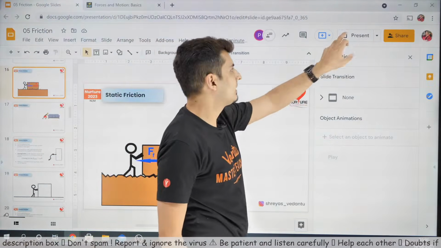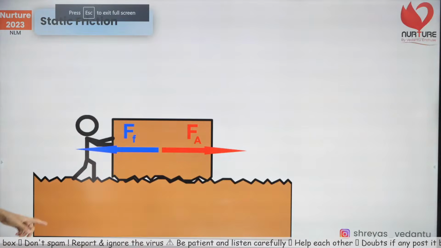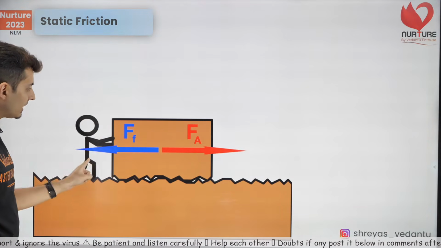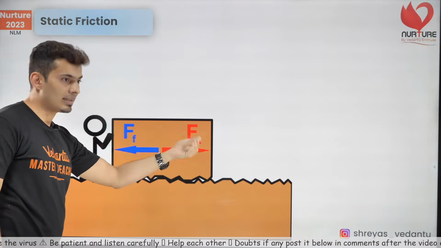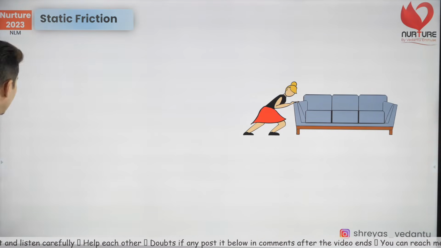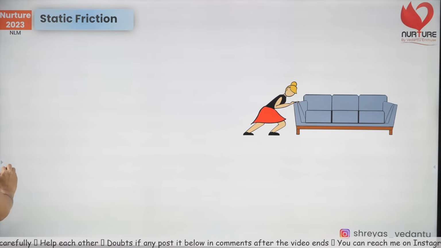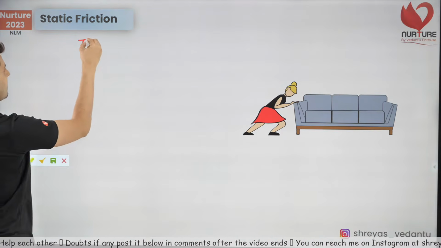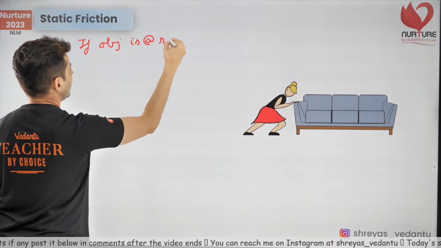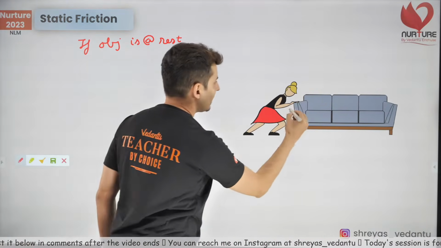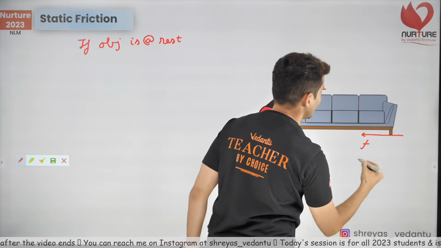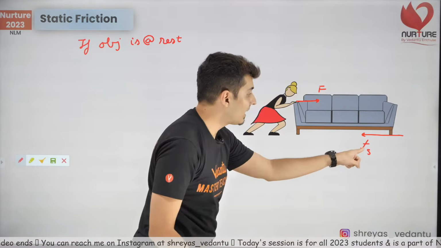So going back, you can see whenever you apply some force and the object doesn't move, the friction adjusts itself to the external force to keep the object at rest. Hence, I can say that if the object is at rest, and I am applying some force F and there is some friction acting over here, I will put a subscript Fs.